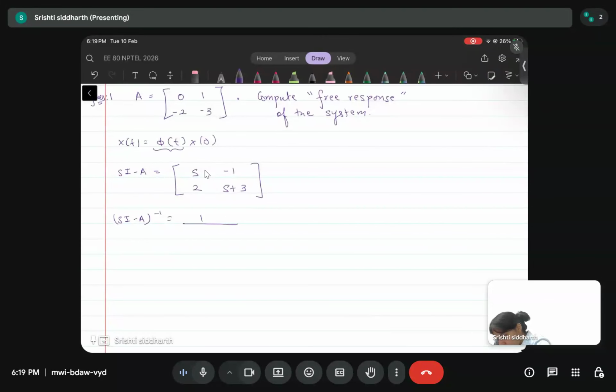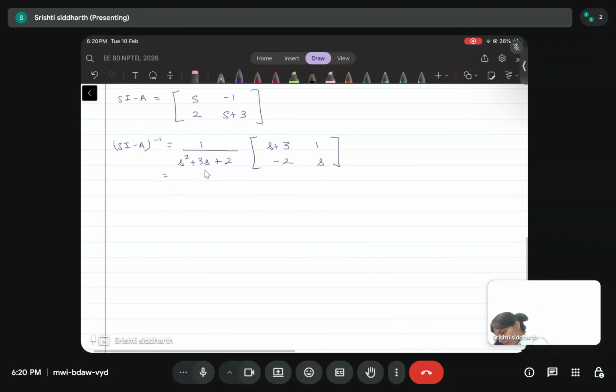So it's 1 upon s squared plus 3s plus 2, which is (s plus 1)(s plus 2).